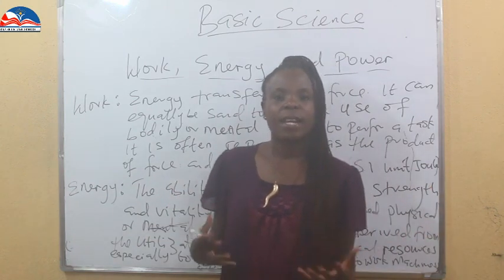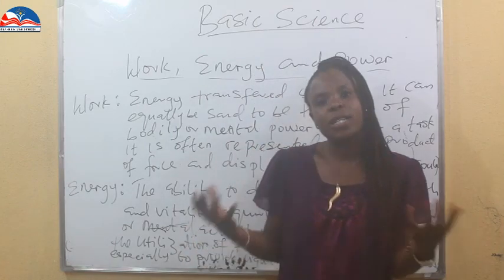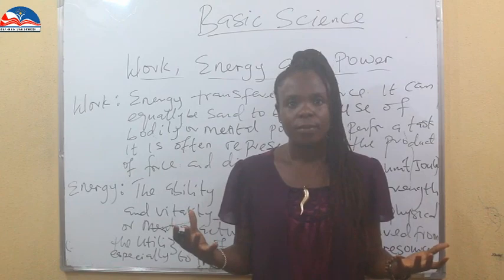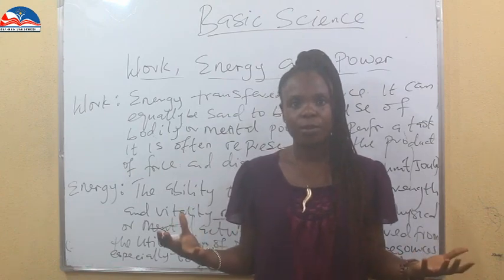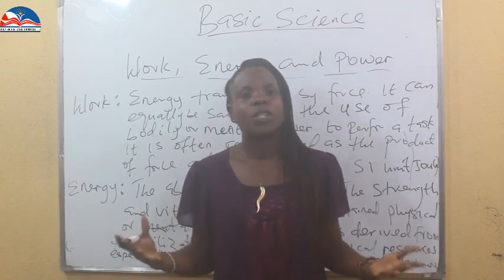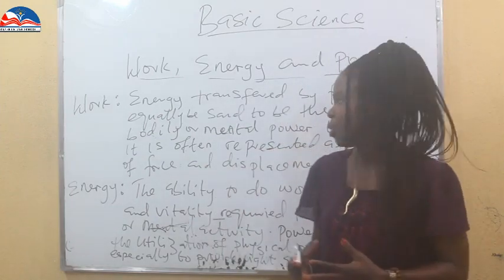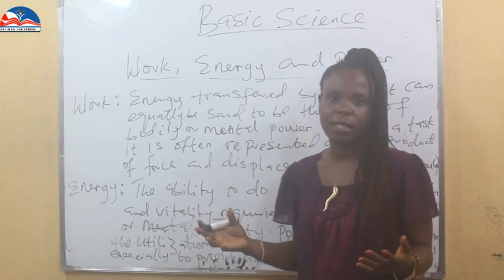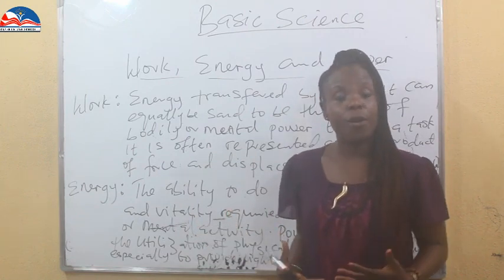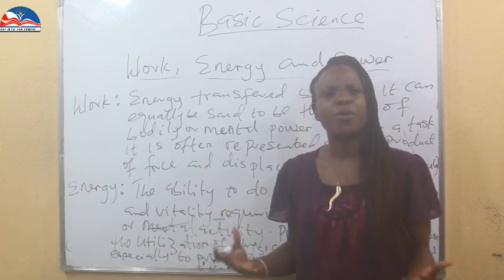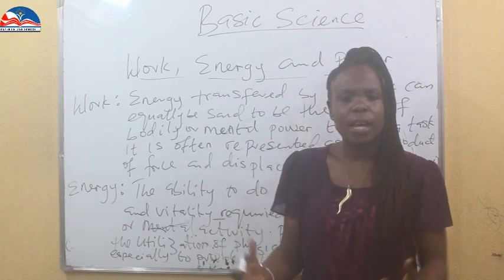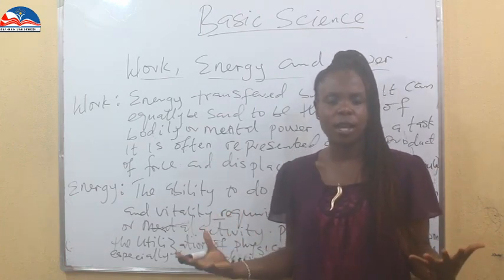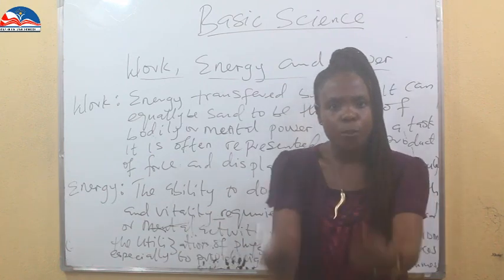Sometimes we can say that energy is that which is taken to give us vitality in our everyday life. And so in this class, what do we say energy is? The ability to do work. That's energy. The ability for us to do work can be referred to as what? Energy. Because if you don't have the ability to do work, that means you don't have the stamina or the power to put in the work.